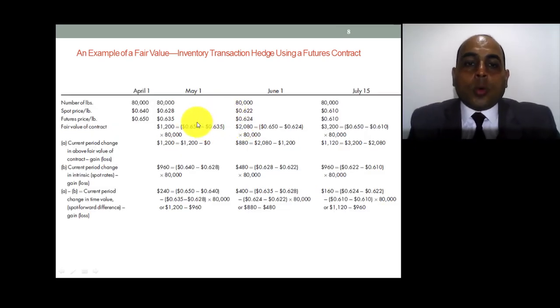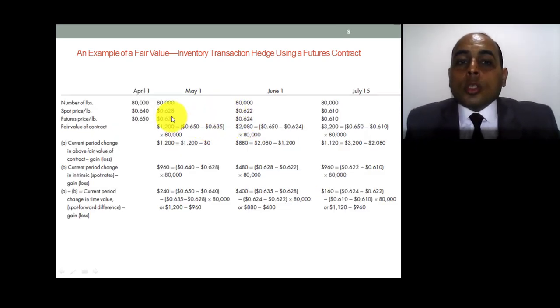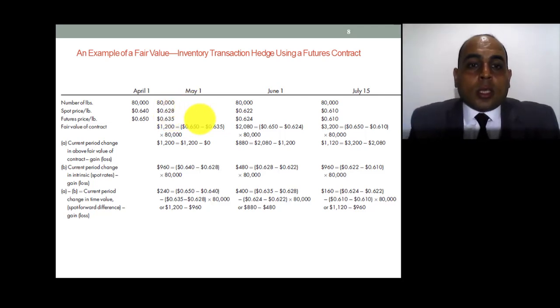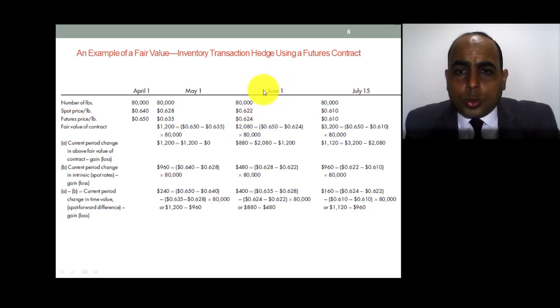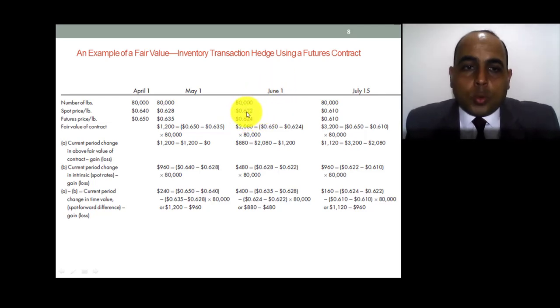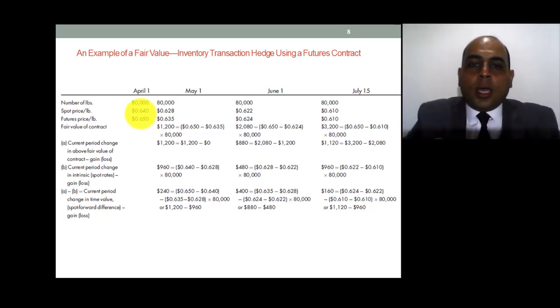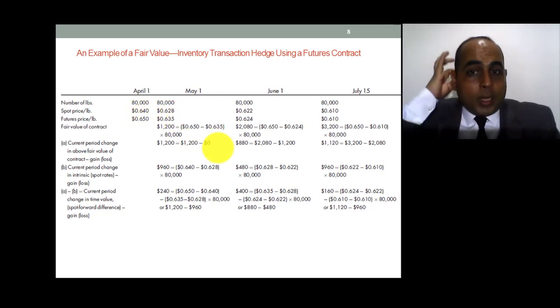Let us move to calculate the gain or loss of holding the inventory itself. Here, the spot rate on June 1st is 622. It has dropped from 640. So because of holding the inventory, we have a loss. You have to calculate it.